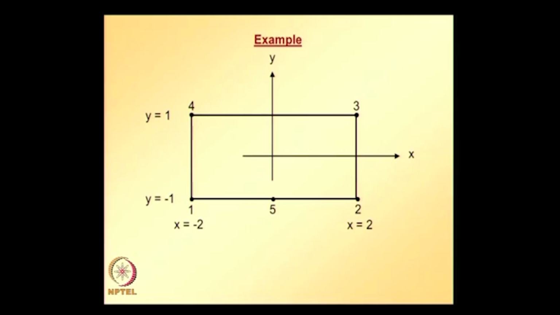So, we can directly use the expressions that we have for 5 node element and plug in the corresponding nodal coordinates, and we can get the shape function expressions for this particular element.